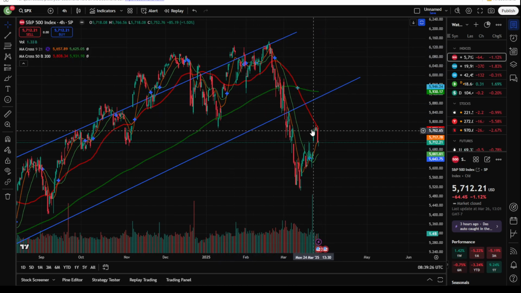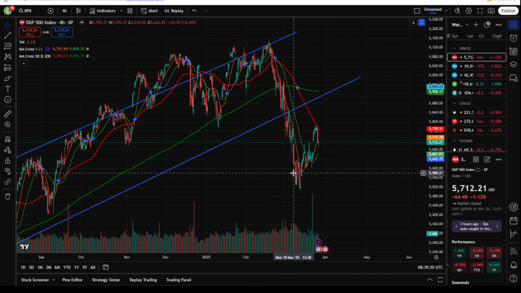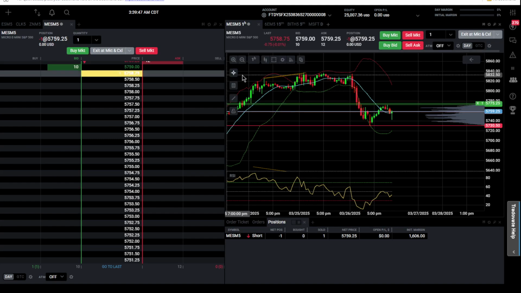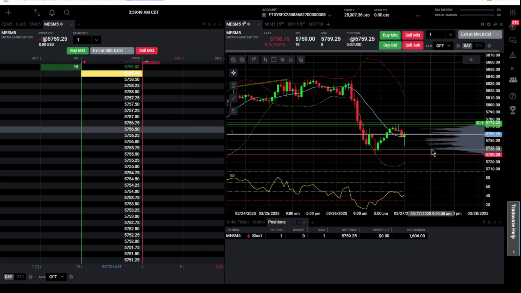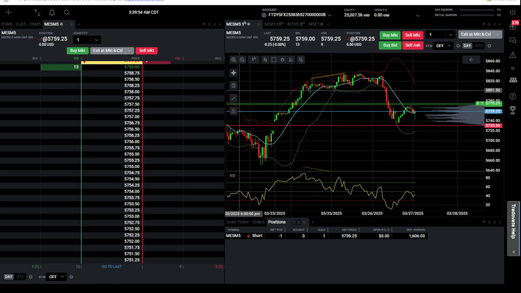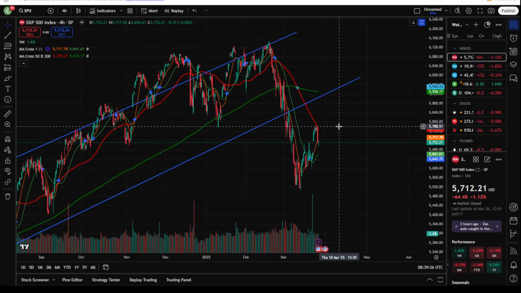So huge crash flag hitting the 50-day moving average right now, or it did, I guess, four hours ago at 57.86. And yeah, interesting. Let's see how that trade goes. Oh, breaking even on that trade now. Well, looking at that 57.86.